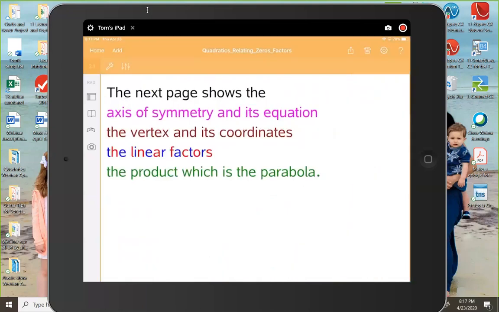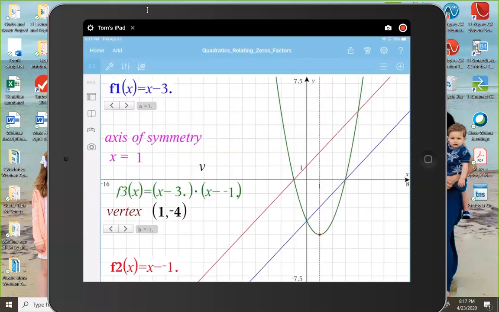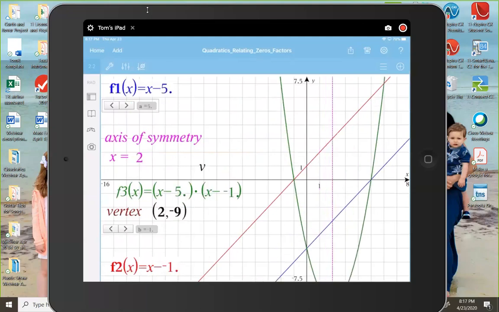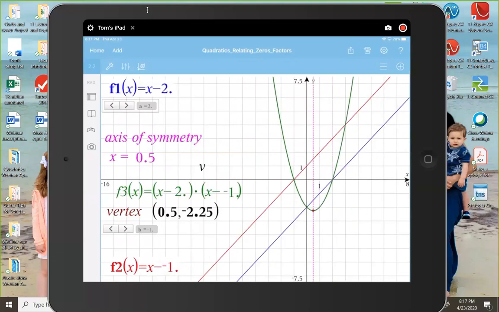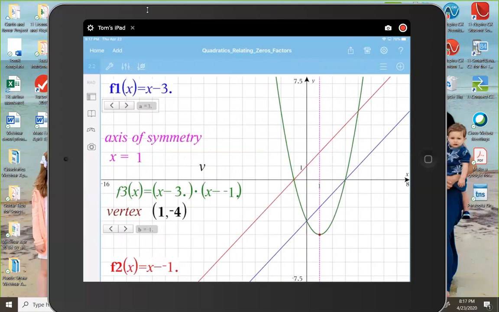On the next page, I decided to add in axis of symmetry and the vertex. This one's the same idea, except now I'd like to point out where the axis of symmetry is going to be, what the coordinates of the vertex are, and then have students try to think about how you get that from those two things.